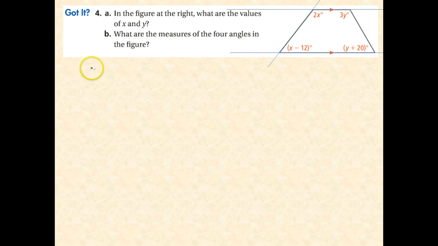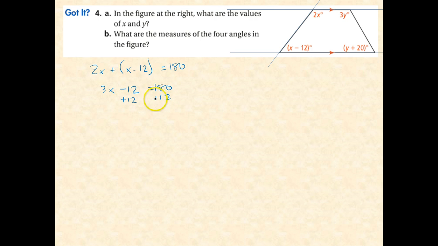So that means that 2x plus x minus 12 equals 180. So 2x plus x is 3x minus 12 equals 180.